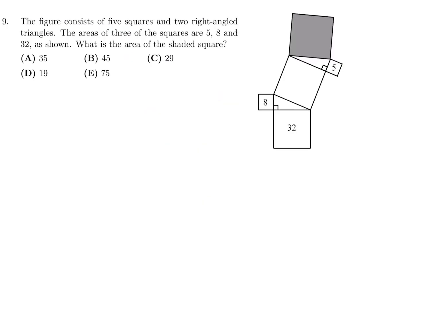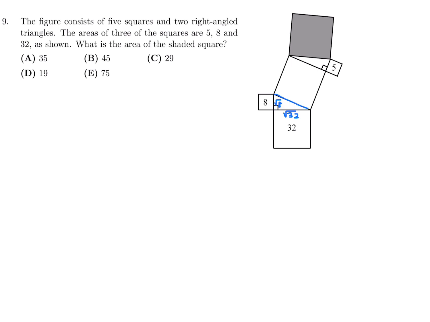The figure consists of 5 squares and 2 right-angled triangles. The areas of 3 of the squares are 5, 8, and 32 as shown. What is the area of the shaded square? Well, this times this must equal 32, so this side must be root 32. And in a very similar way, that side must be root 8.